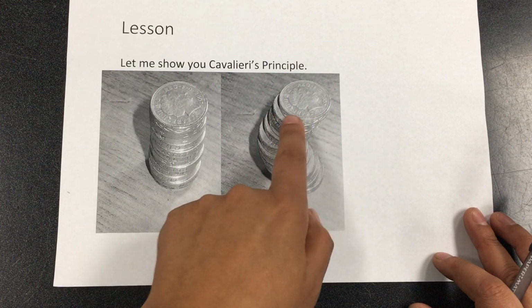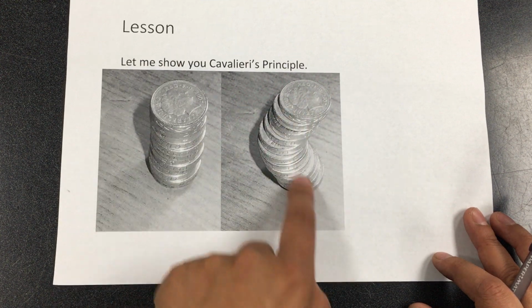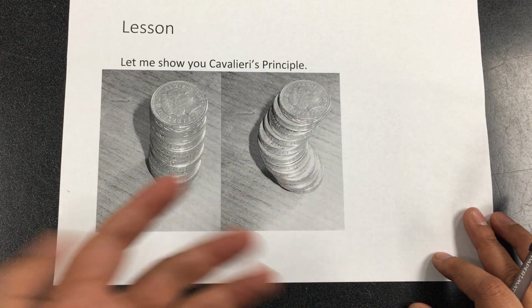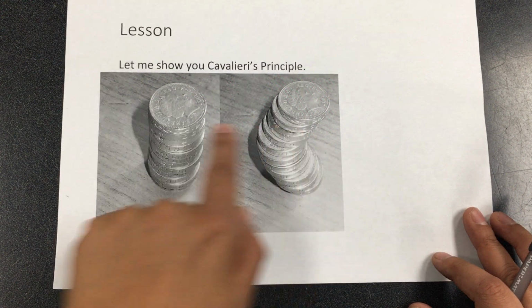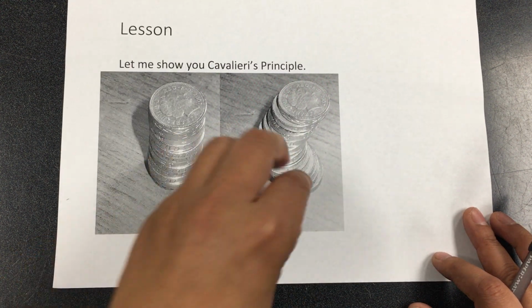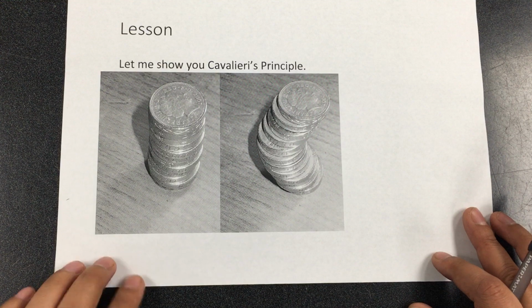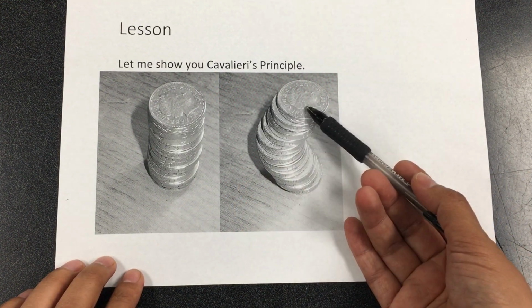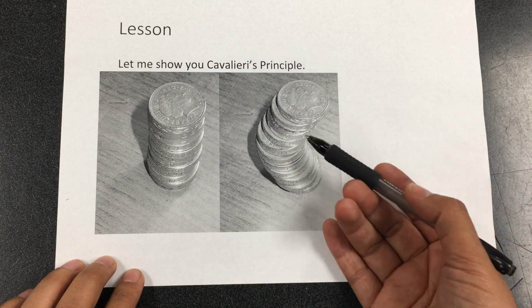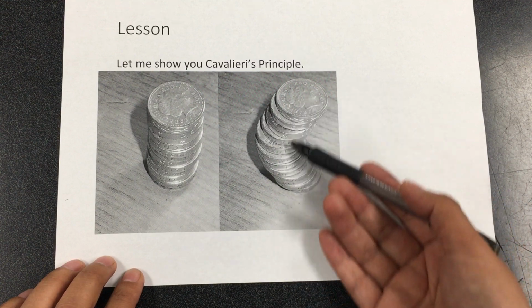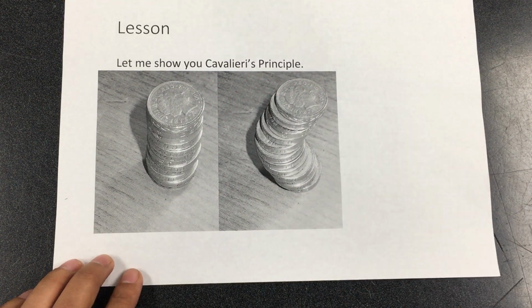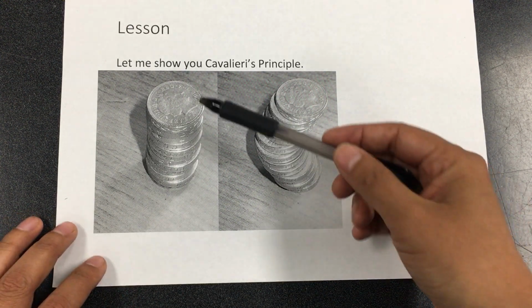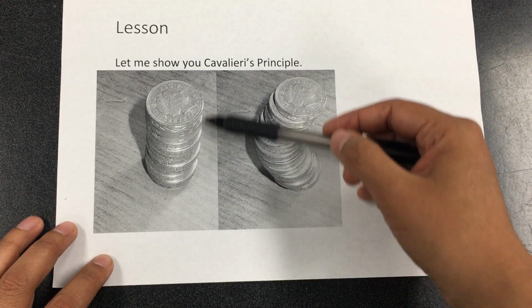But then if we move the coins so that they're arranged in this way, the question is, does it change the volume or the space that it occupies? If you think about it, it's the same material, just tilted a little bit, but still the same space that it's occupying. Something else that I would like for you to think about is the height.